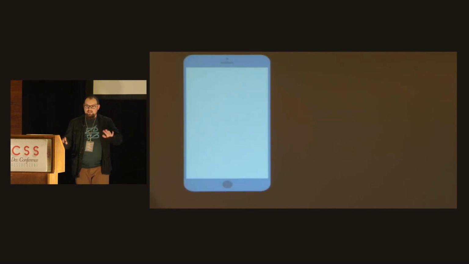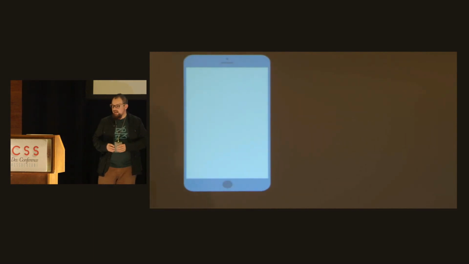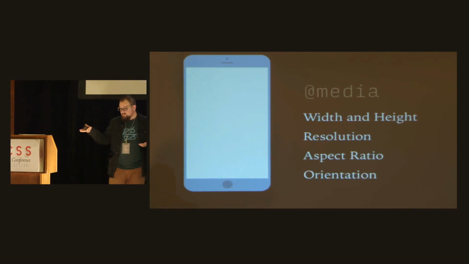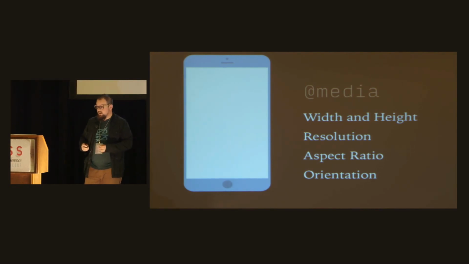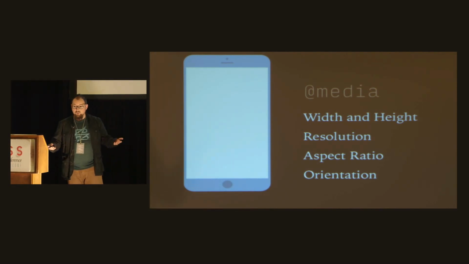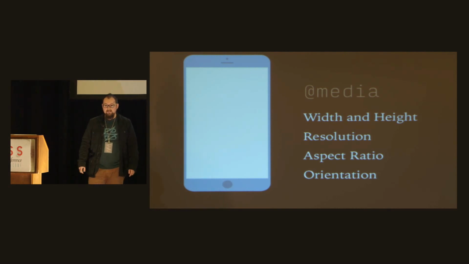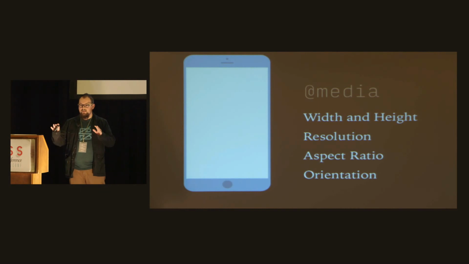So we're going to take a phone here, and what can we find out about it through media queries? Some very, very useful information. We can find out its width and height, its resolution, which is very cool, its aspect ratio, and even the orientation. We can know if somebody has it in landscape or portrait. Those are all great things, and we can make amazing design changes based on that information.